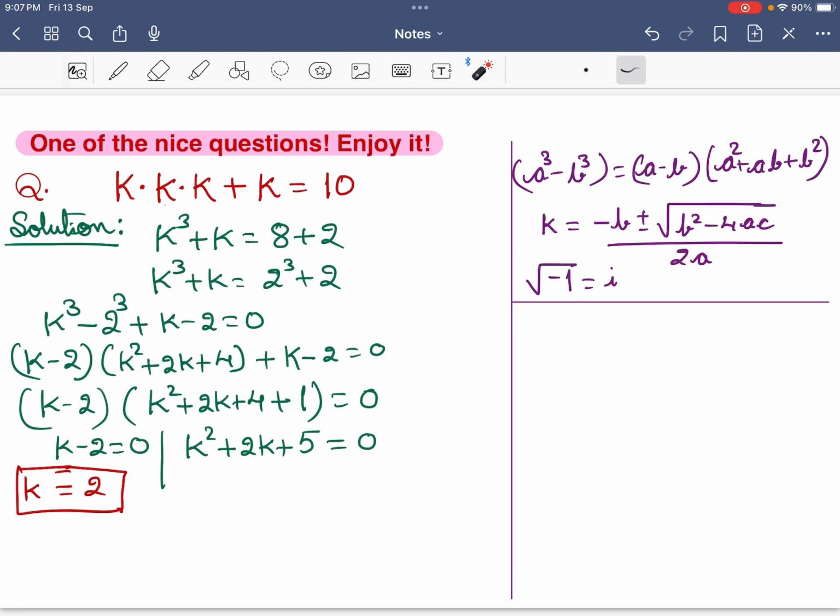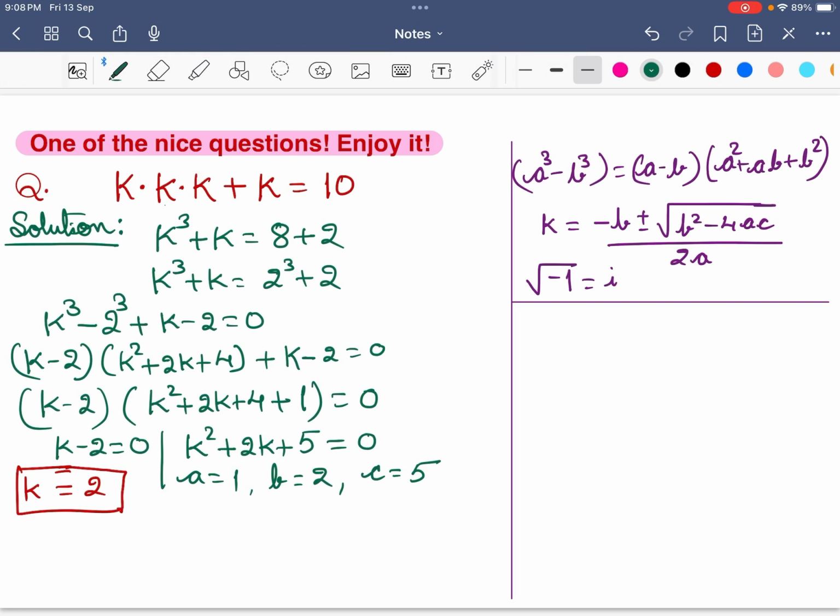Here a is equal to 1, the coefficient of k square, b is equal to 2, the coefficient of k, and c is equal to 5, the constant.